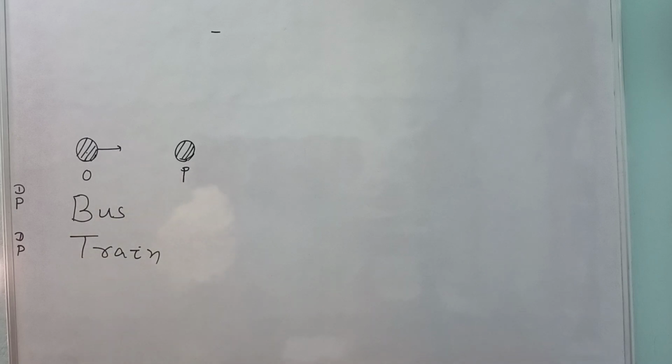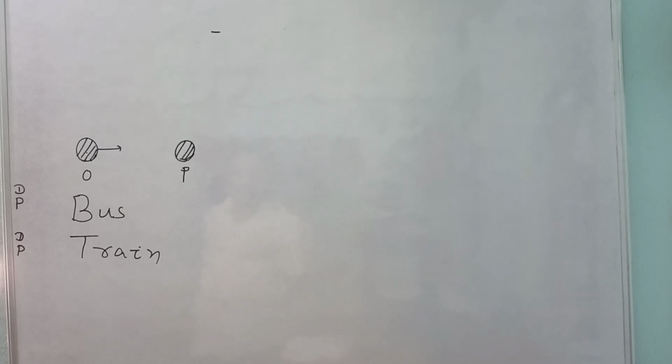One can say how these are taken as point object, or which one is said to be a point object, when the size of the object is very small than the distance it covers.